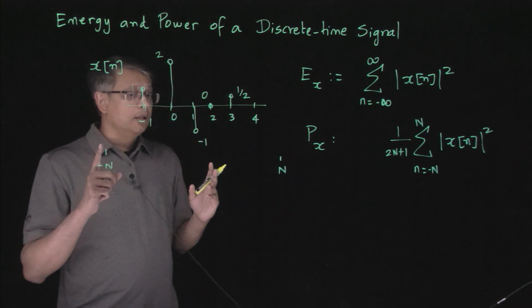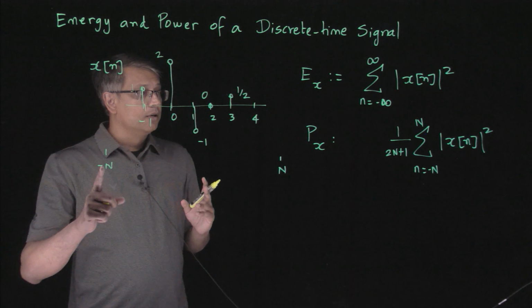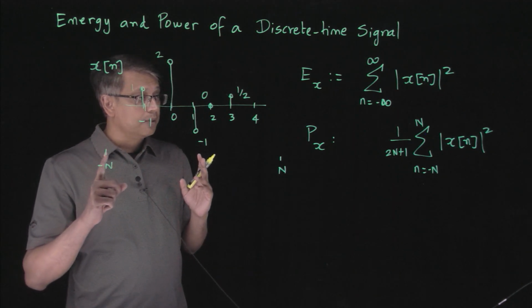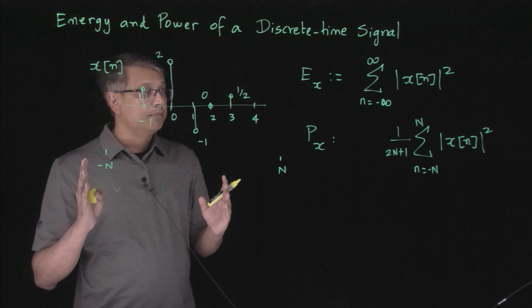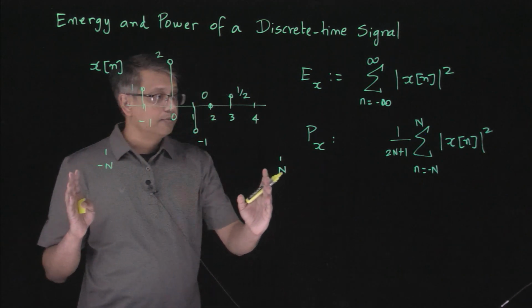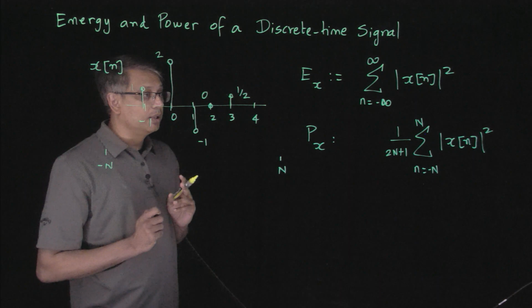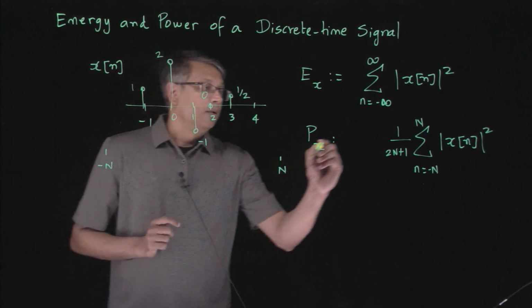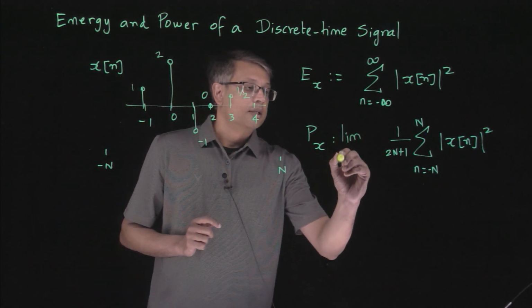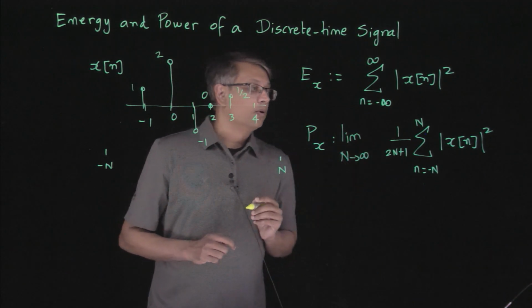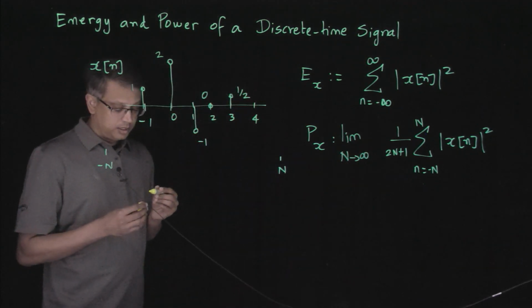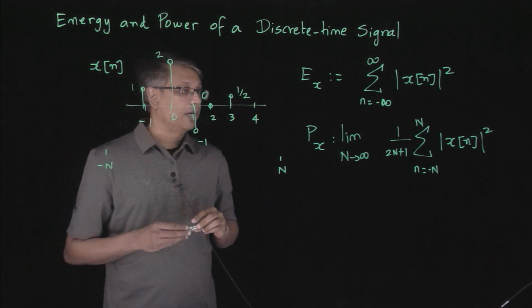And notice that when you observe a discrete time signal from time negative N to positive N, there are 2N plus 1 samples, including that sample at 0. And then we will take the limit of this as capital N goes to infinity. We'll call this the power associated with the signal x of n.